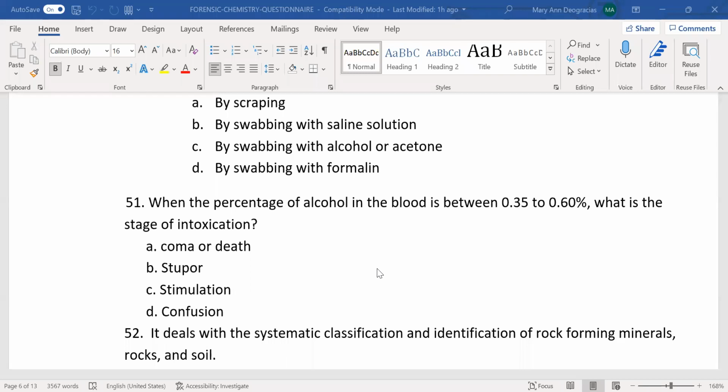Okay, the answer is A, coma or death. Confusion is 0.20 to 0.30%. Normal is 0.05 to 0.10%. Stimulation is 0.10 to 0.20%.